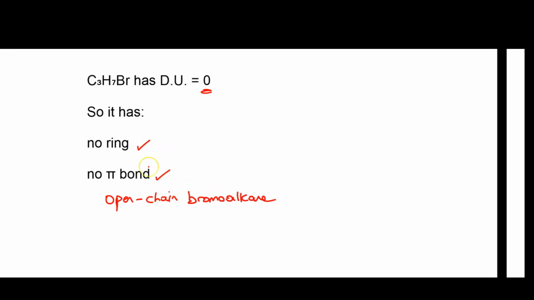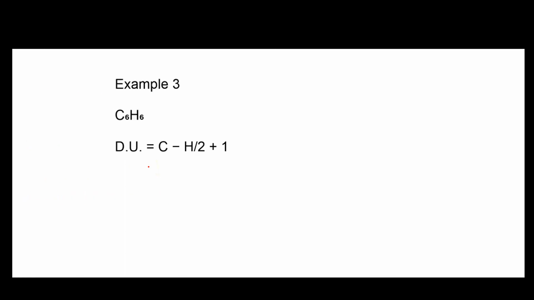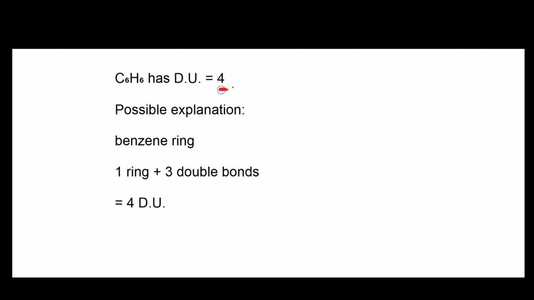For the next example, we have C₆H₆. So the DU equals 6 carbon minus 6 hydrogen over 2 plus 1. That gives 4. A DU of 4 is very important because one possible explanation is a benzene ring.